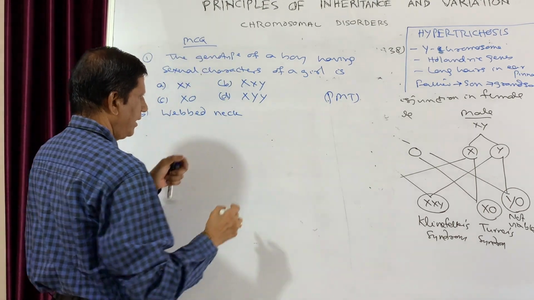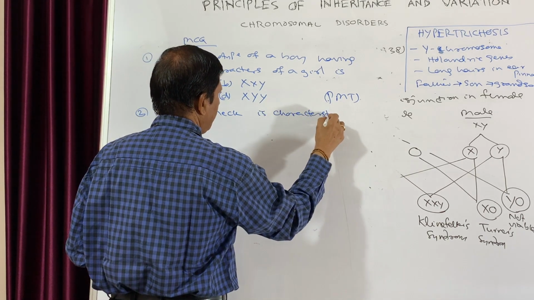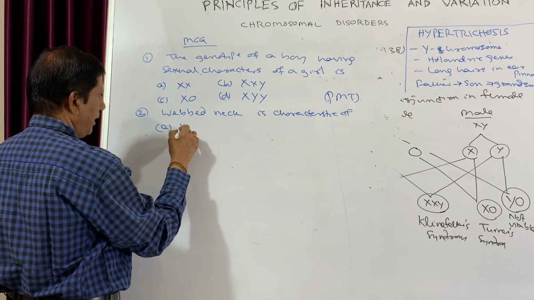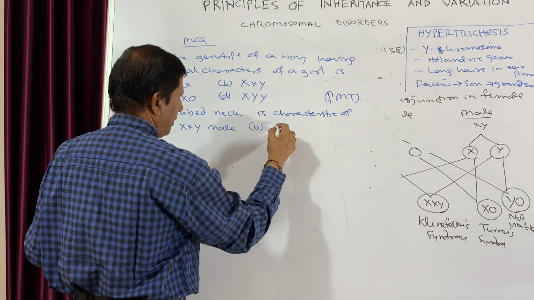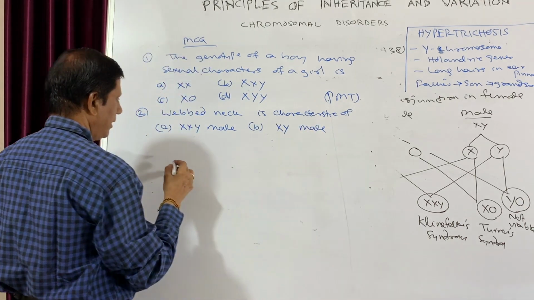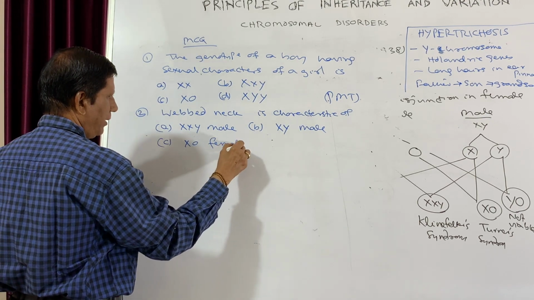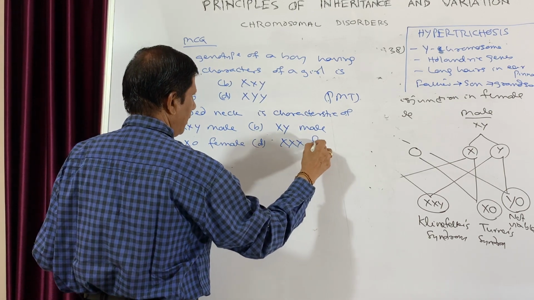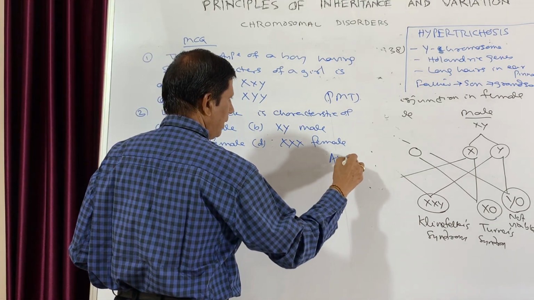Webbed neck is characteristic of: one choice XXY male, second choice XY male, third choice XO female, and the fourth choice XXX female. And this question was asked in AIIMS.